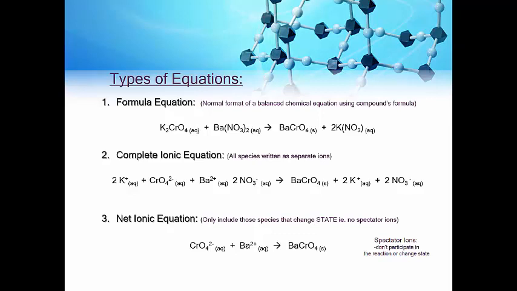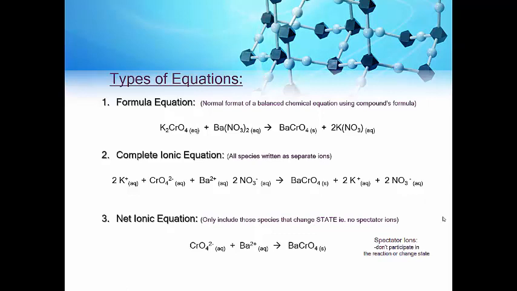So we've got 2K plus, we've got our CrO4 2 minus, we've got Ba2 plus, and we've got 2 nitrates. So we've got the 2 out the front, and we've got NO3 minus. So we leave our solid that's formed as a solid, and then we have our other 2 species. When you look at your complete ionic equations, you can see that there are what we call spectator ions.